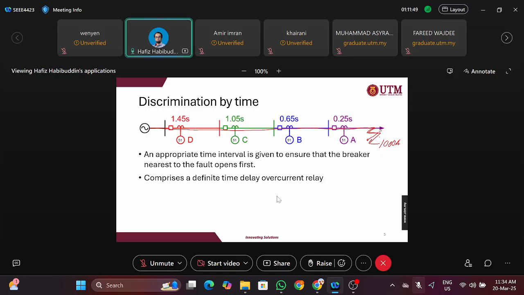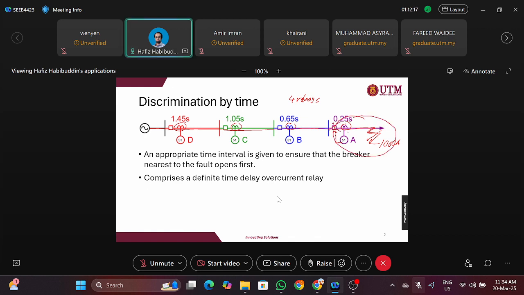So you are putting a CT at this section, this section, this section, and this. So basically 4 relays. This relay, the 51 relay, is able to detect the fault current. If this relay trips, sending a signal to the circuit breaker, the breaker will open and this part will be isolated.